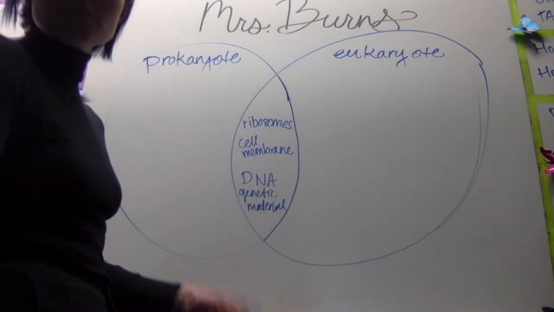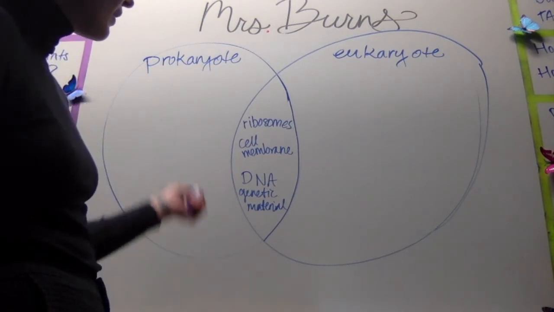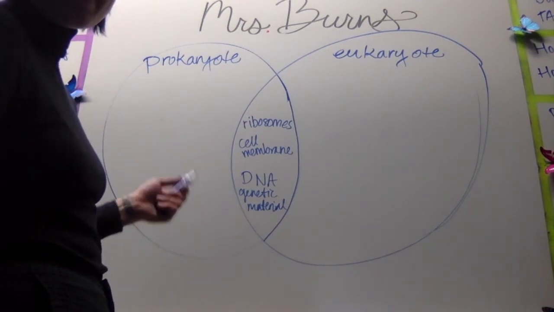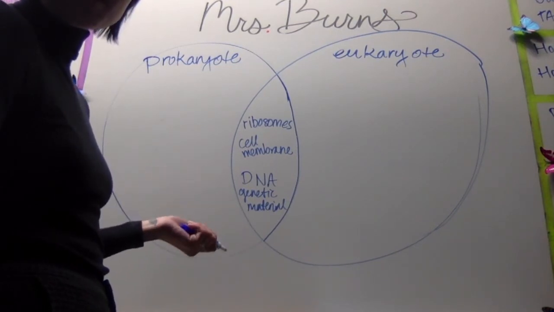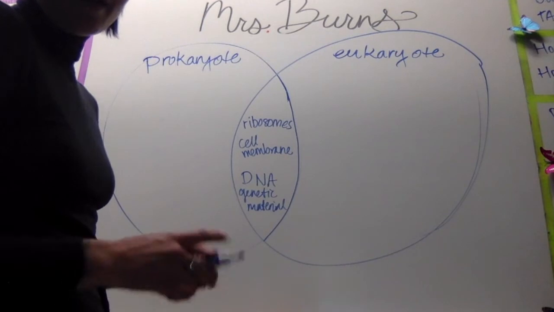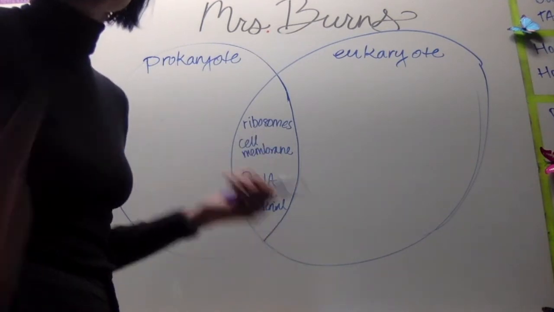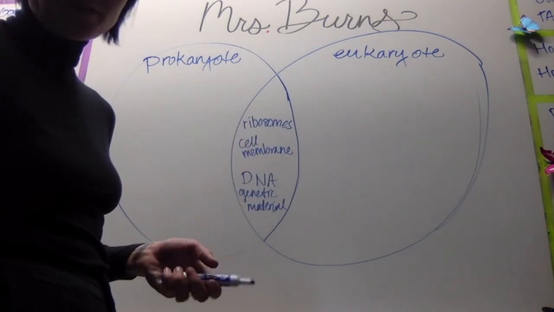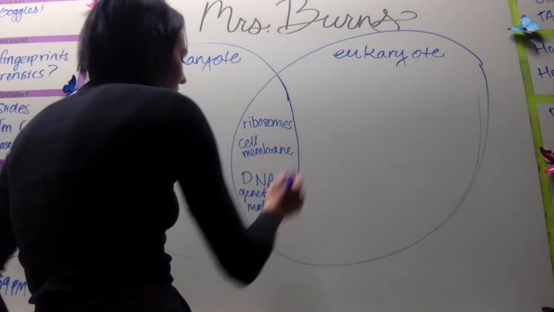So those are kind of those big three main similarities, is that they have DNA, they have a cell membrane, and they have ribosomes. And we've learned now a little bit about what all these things do in the cell. So hopefully that gives you some more context. And once again, they're not just things to memorize, but you can kind of relate them to other things. So now let's kind of look at some differences. So these are some similarities.